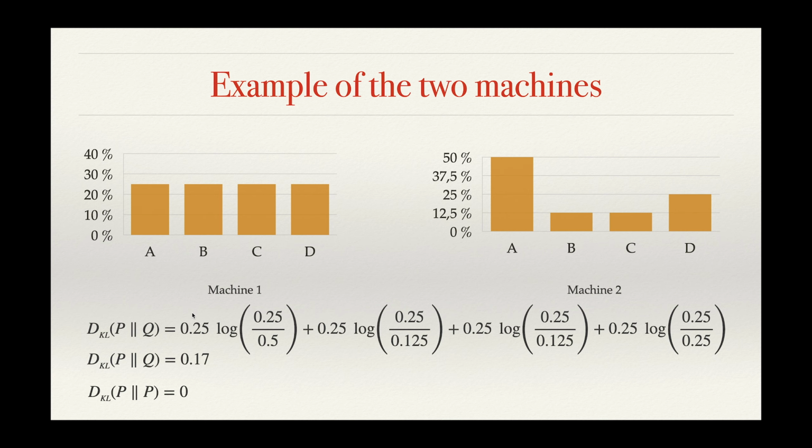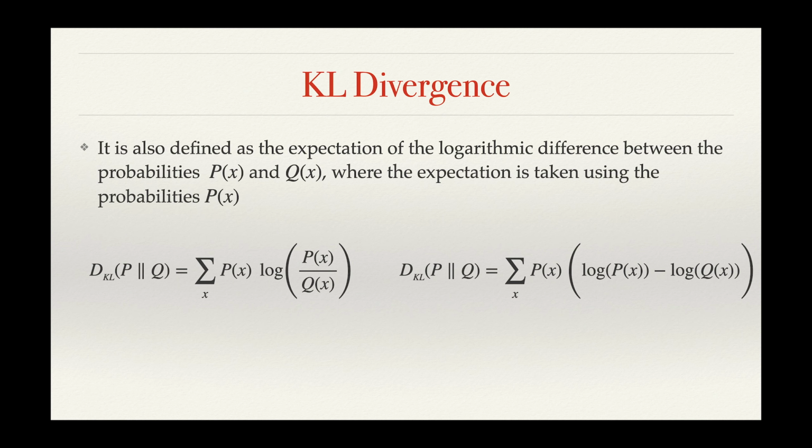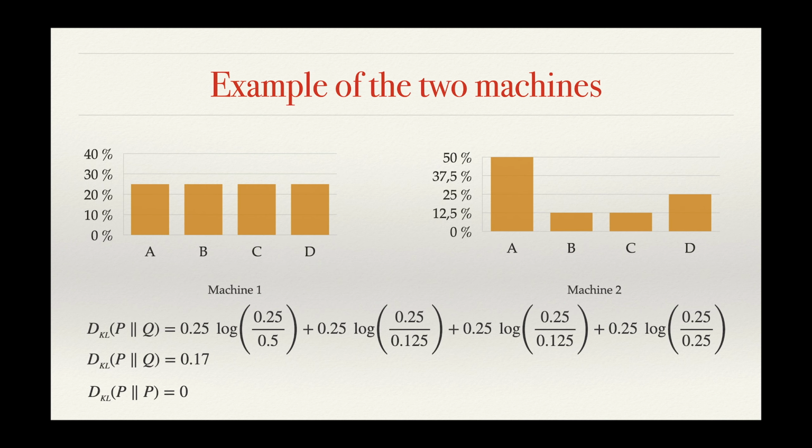So these values are taken from here, 0.5, 0.25 multiplied by 0.25 divided by 0.5 here. P here is our machine 1 distribution and Q is machine 2 distribution. Then the divergence there is equal to 0.17.